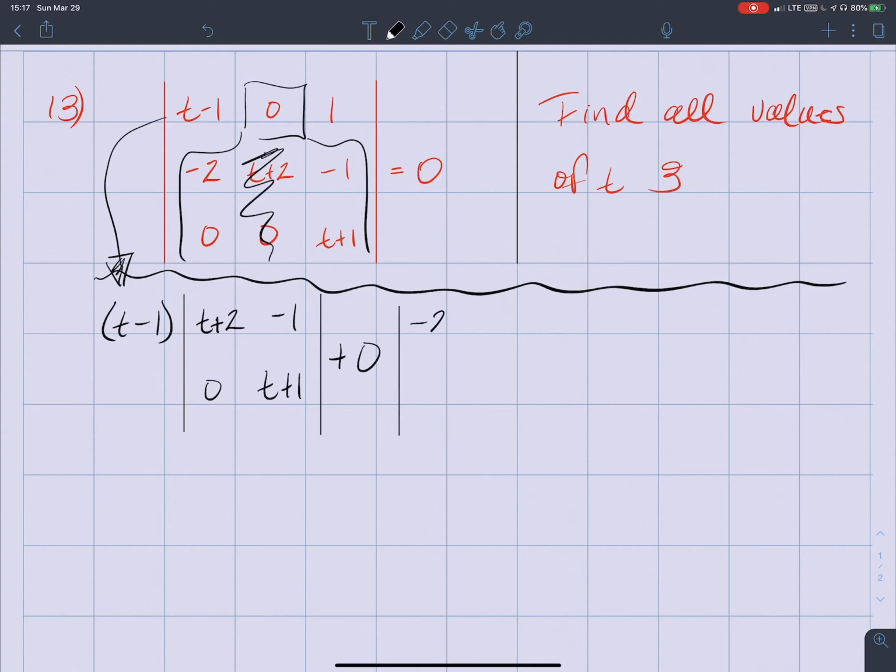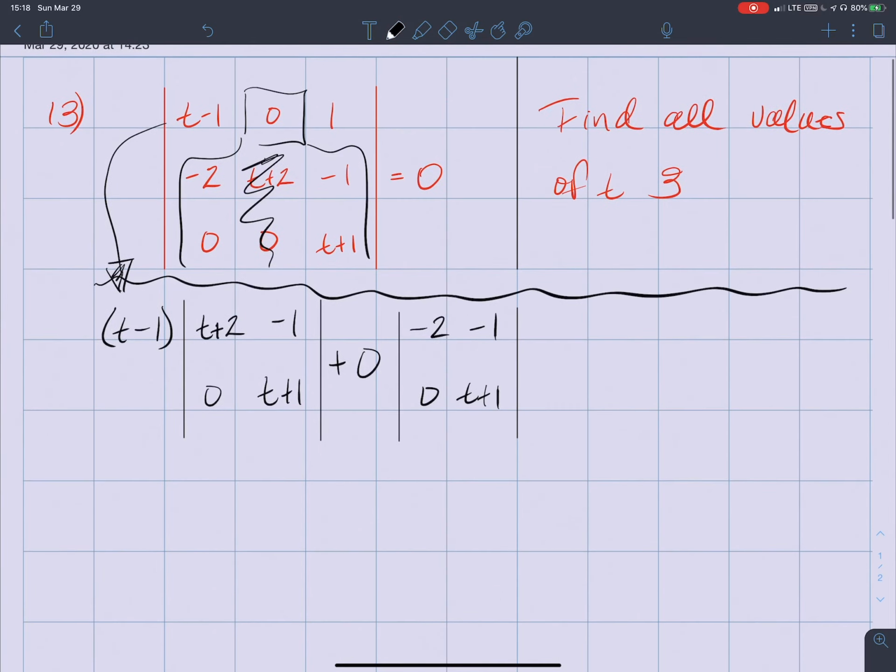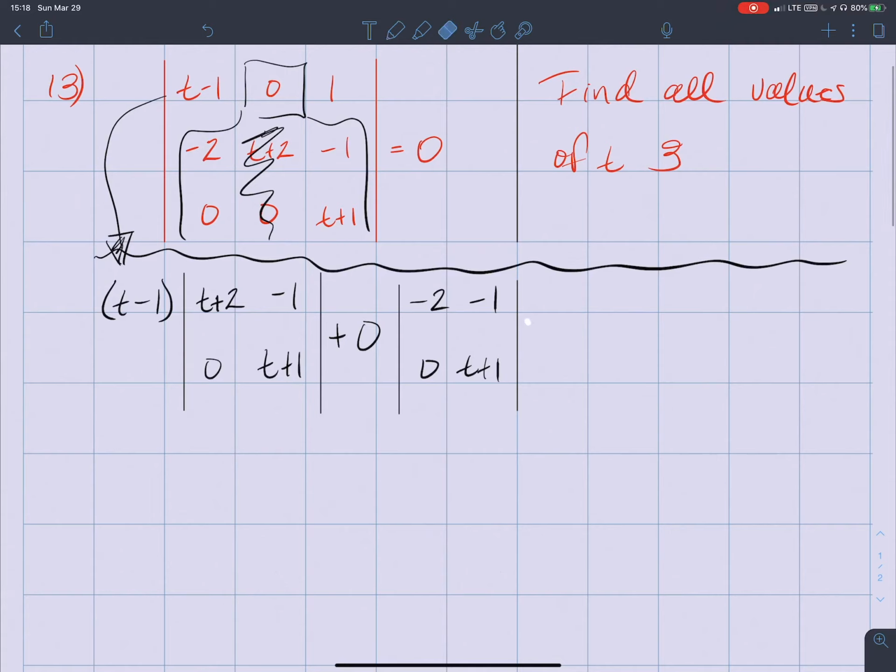This is going to end up being -2, -1, 0, t plus 1. Usually you have to follow this through, but since it's a 0 right here, that's okay. And so we're going to say plus 1.